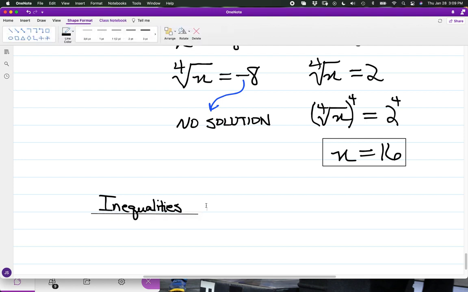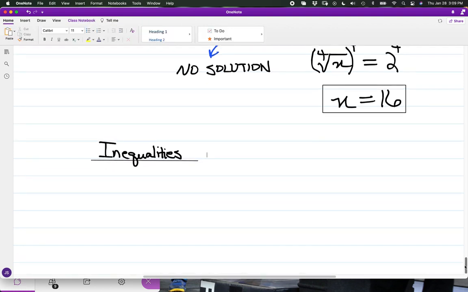And there are ways in which you can express inequalities.